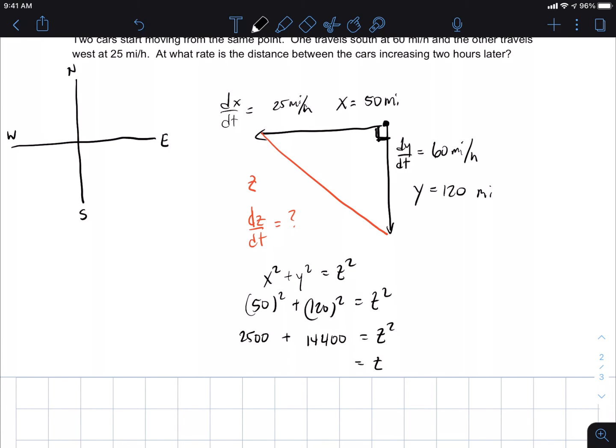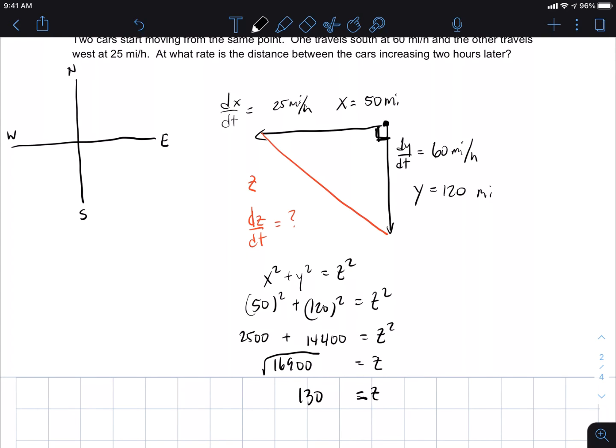So z is equal to, what is that, 16,900. We're going to deal with it in terms of positive only because we're talking about distance. And that's going to be 130 miles.